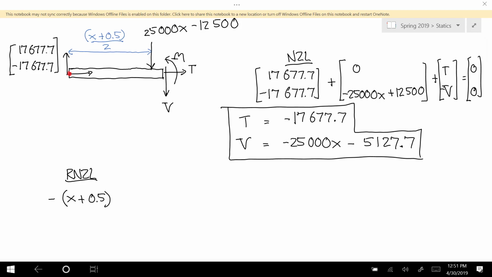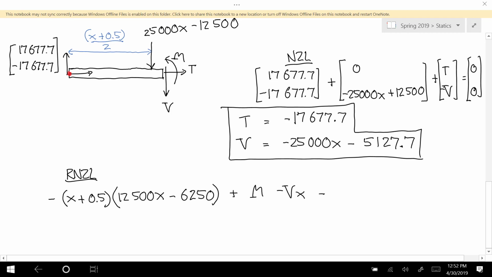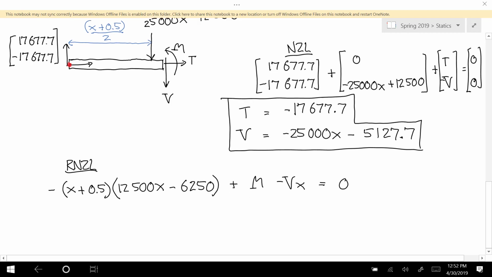I'm just going to move the 1/2 over to this one, so I don't have that 1/2 factor in there. So this is x plus 0.5 times 12,500x minus 6,250. And then we have plus m minus vx is equal to 0.